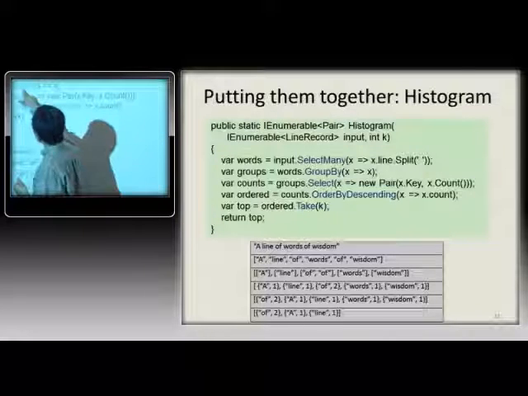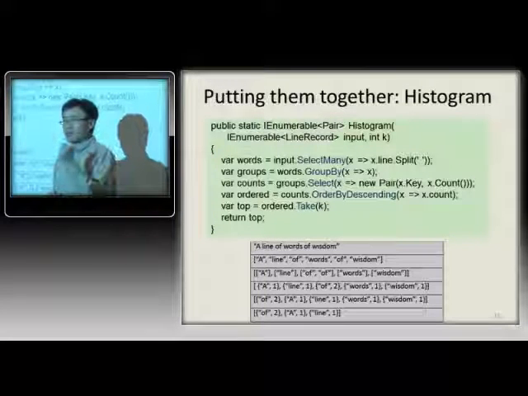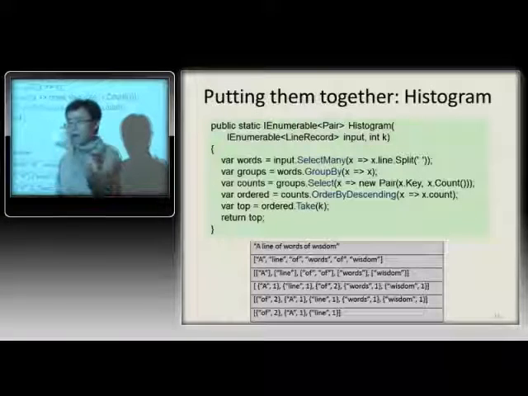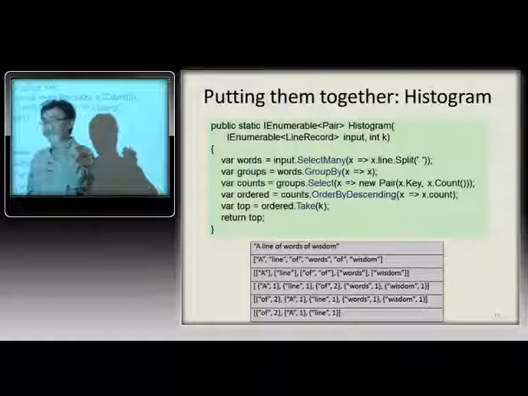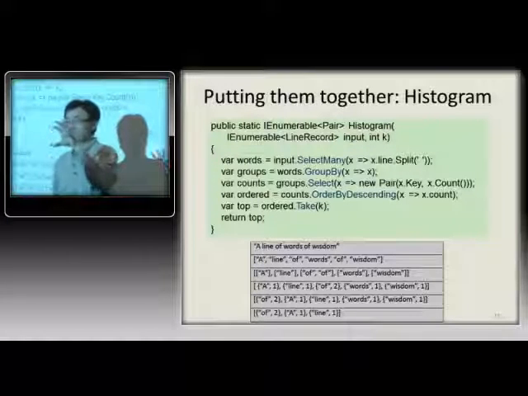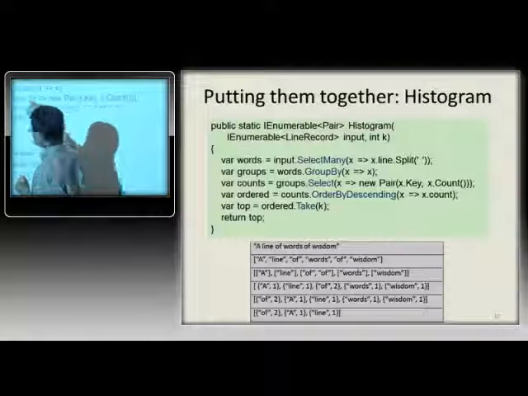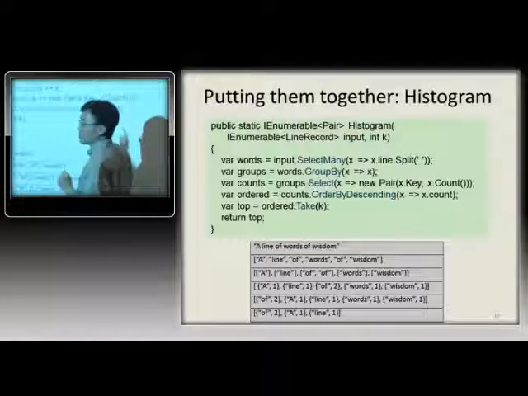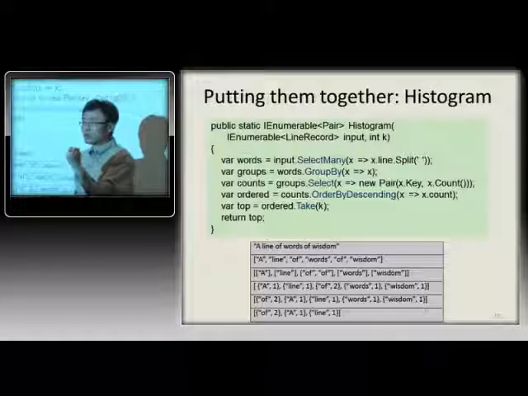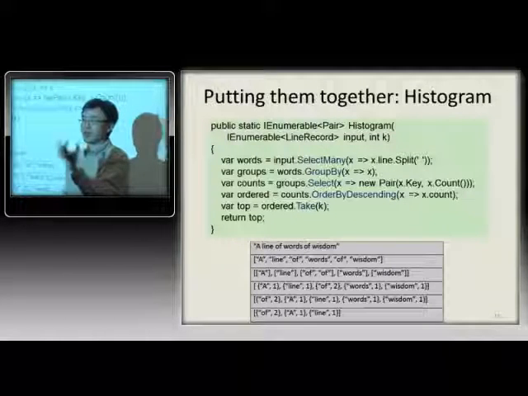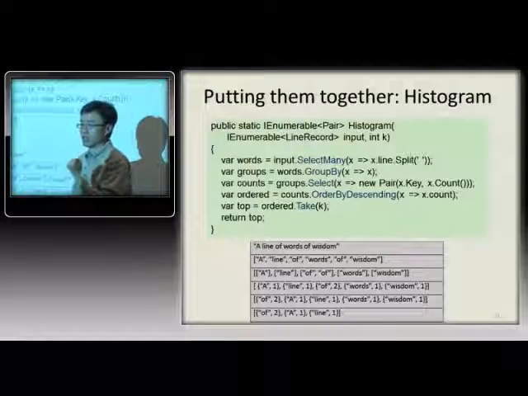Then I'm doing a group by on the words, forming a group for each word. For each group I compute the number of words in that group, which gives me a count, the popularity of this particular word.